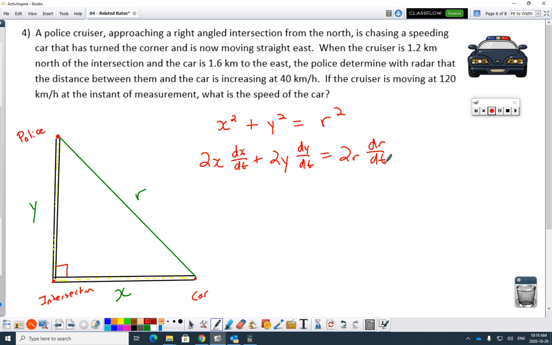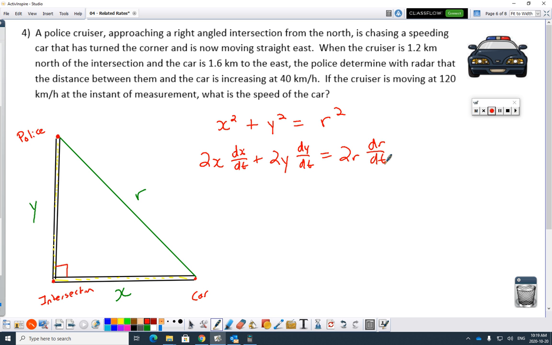By the way, the equations completely change as soon as the policeman turns the corner. We're just doing, they're on separate roads right now. dy dt is how fast the police car is going. r is how far away the police is from the car right at this particular moment. And dr dt is how fast the distance is closing, how much closer the police is getting to the car.